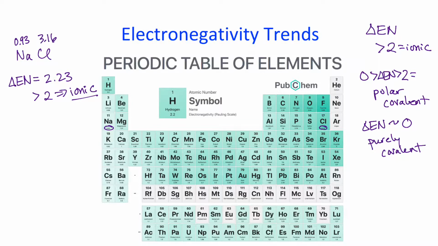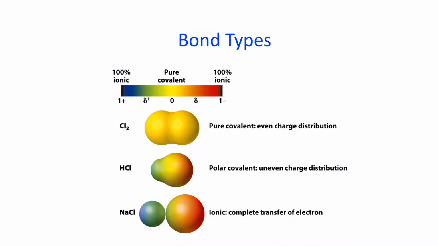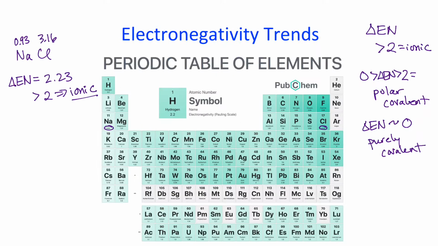Let's look at the other example from the previous slide. We just looked at sodium chloride and verified that we're going to have an ionic bond, which means we'll have complete transfer of that electron. We had a delta EN, or difference in electronegativity, that was greater than 2. Let's look at HCl, which this table tells us should be a polar covalent bond.